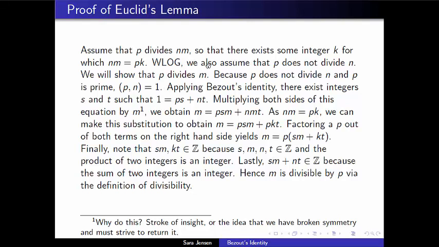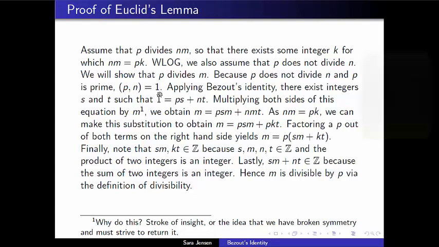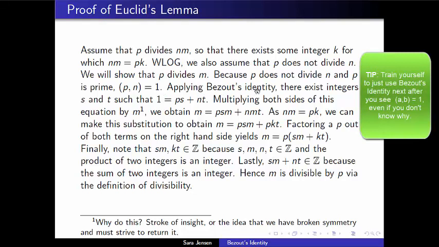And because we get to make this assumption that P does not divide N, we know that P is not a factor of N. And because P is prime, the only other thing that this could be is equal to 1. So that's the key assumption, and then Bezout's identity gets applied where we take 1 and write it as this integer linear combination of P and N.